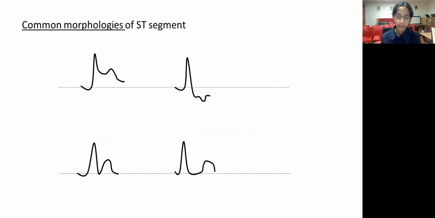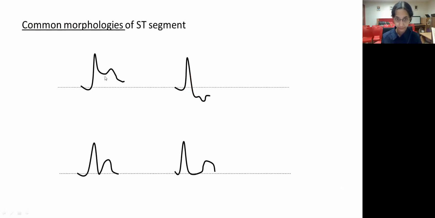So normally, if the ST segment is supposedly isoelectric, what is this then? So abnormal ST segments can be like this. What is this then? How will you understand this ST segment? This is the QRS and this is the T. Anyone, you can enter your answers in the chat box.